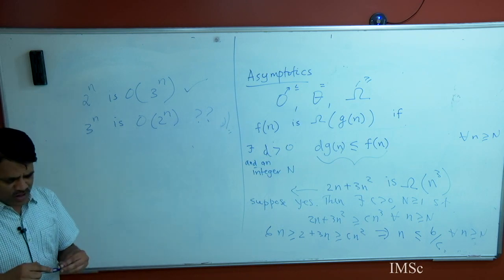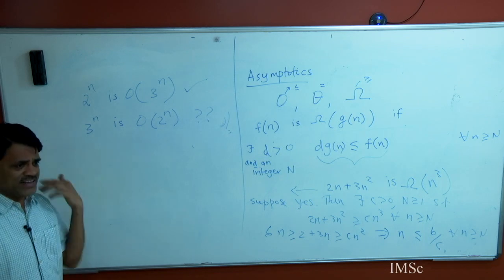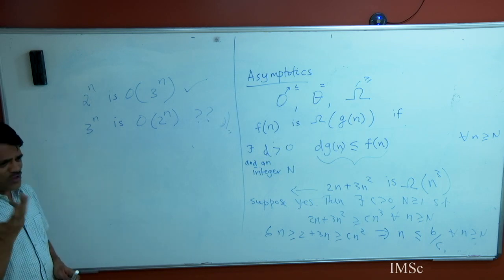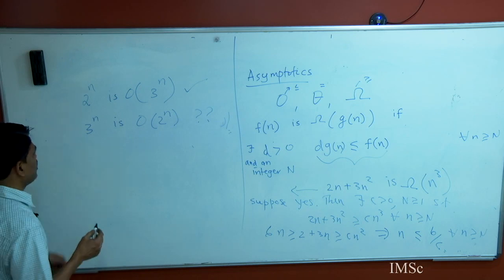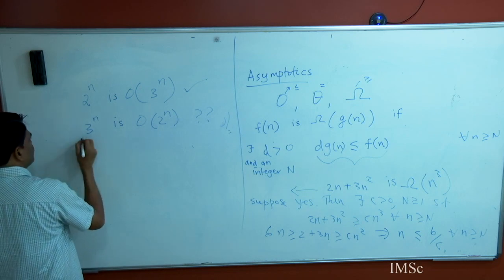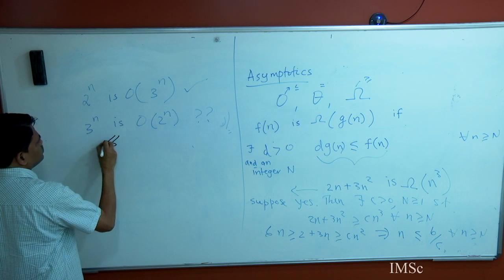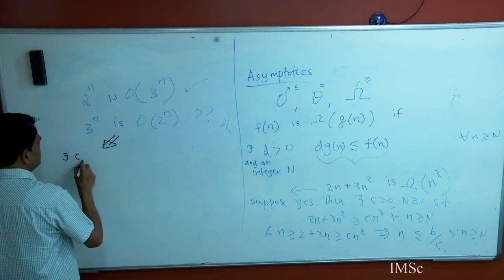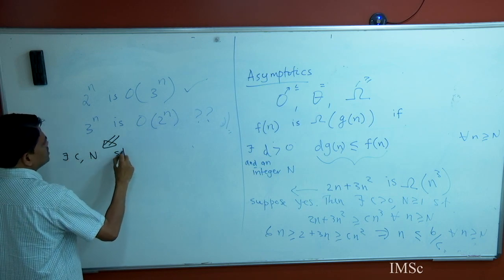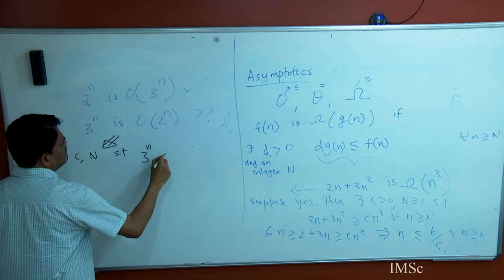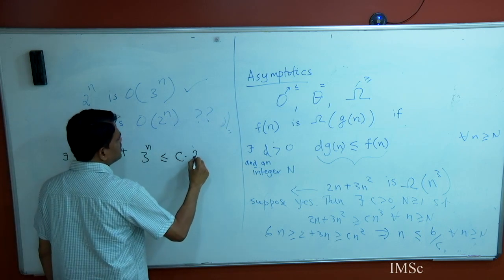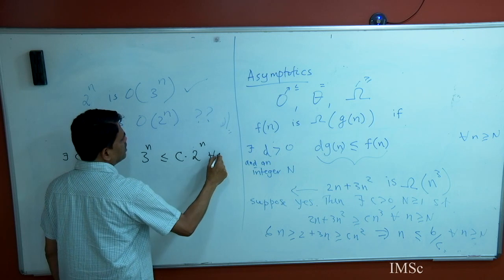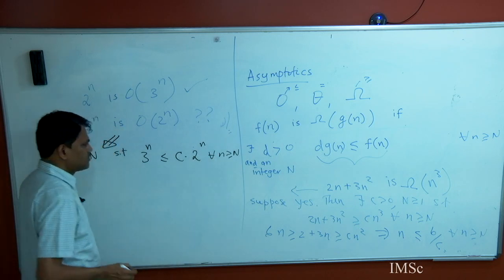So how would you show? Let's try and show it is, and then see what the problem is. That's all. It is very easy to figure out. So this implies what? There exists a C and an N such that 3 power n is less than or equal to C times 2 power n for all n greater than or equal to capital N, right?